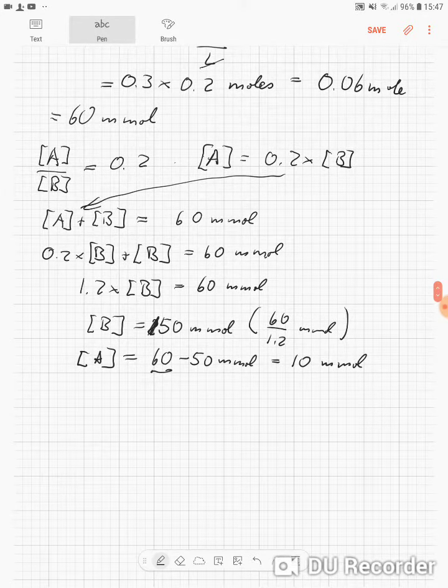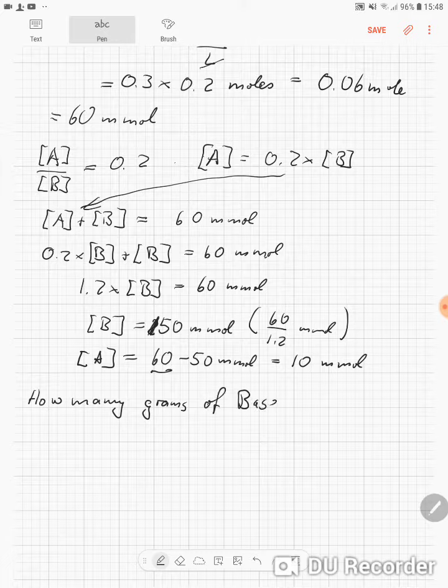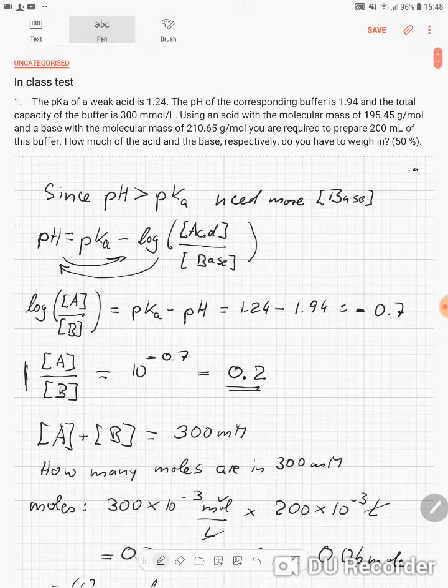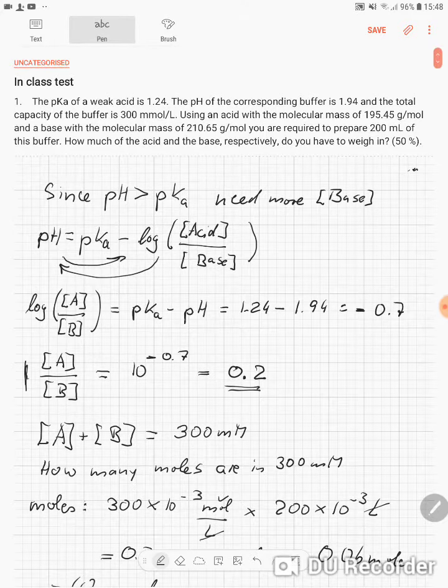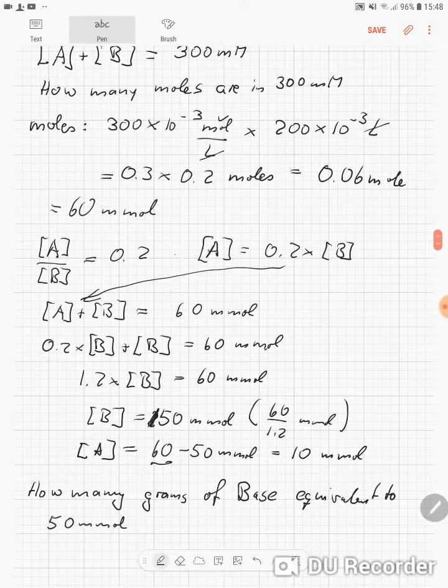So what we now need to find out is how many grams of base is equivalent to 50 millimole, and we have our molecular weight of the base up here. So here the molecular weight is 210.65 grams per mole.